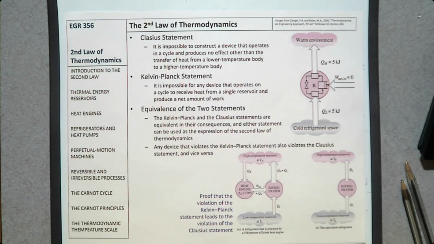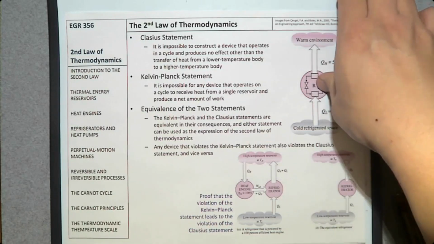That is one example why we cannot produce work from a single reservoir. We need to reject heat to make a cycle, right? These two are famous statements of the second law of thermodynamics.